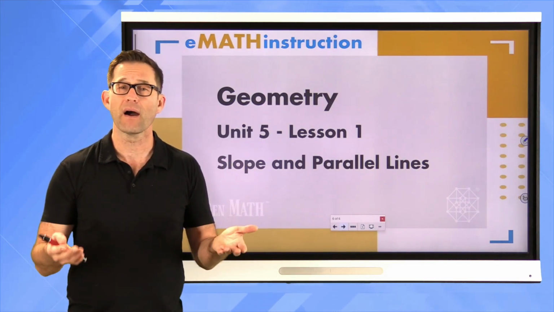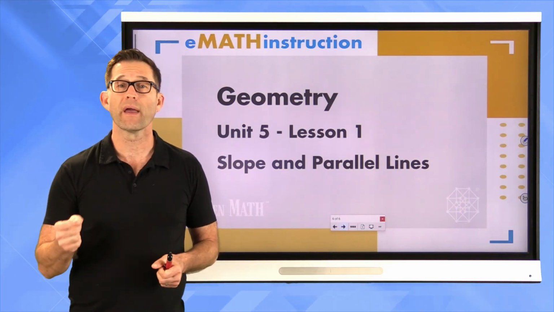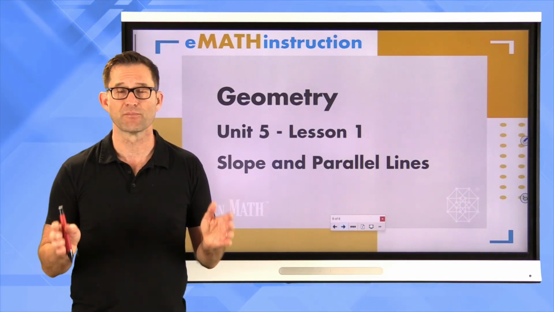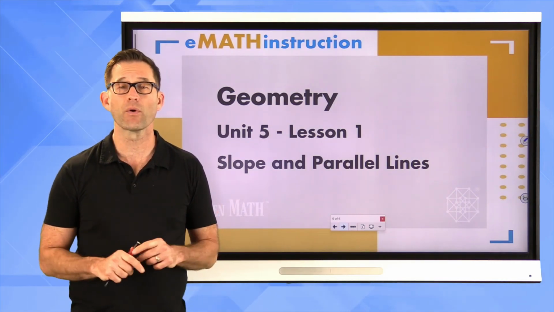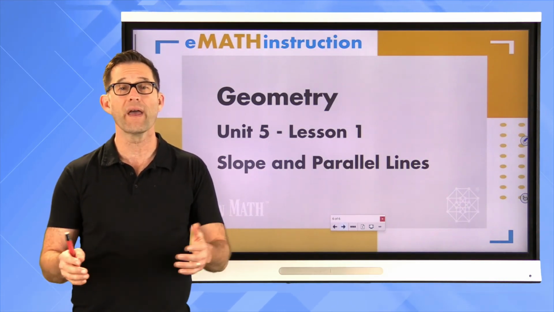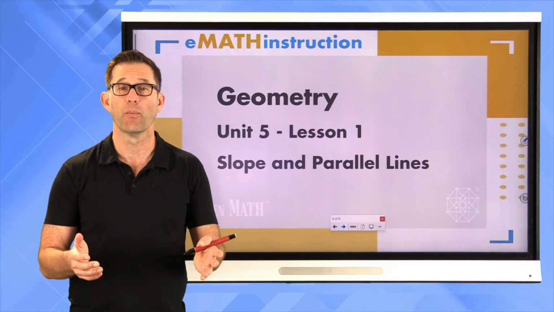It can be calculated by the change in y divided by the change in x, where the change in y and the change in x can both be found by simply doing some subtraction. You've got to watch out for the order of the subtraction. You've got to watch out for all sorts of things that get in your way in terms of subtraction, but you could also use calculators to help with that.